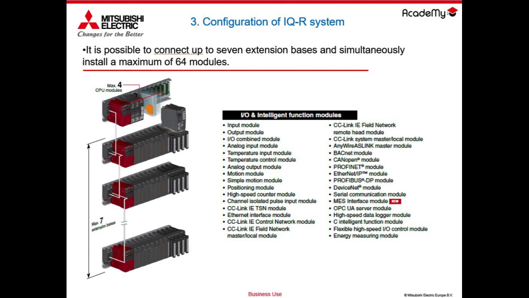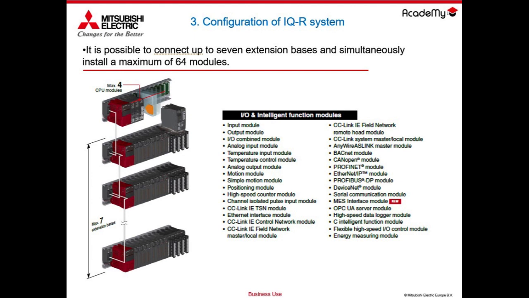All the other modules, for the iQ-R system, will be smart modules. We will see that these smart modules are associated with buffer memory, memories that we can access in reading and writing through our control CPU.